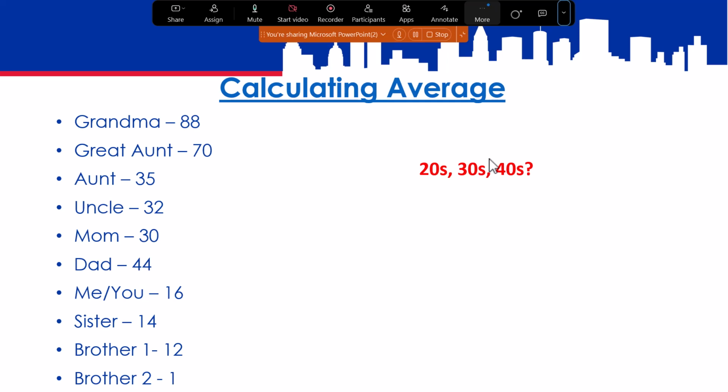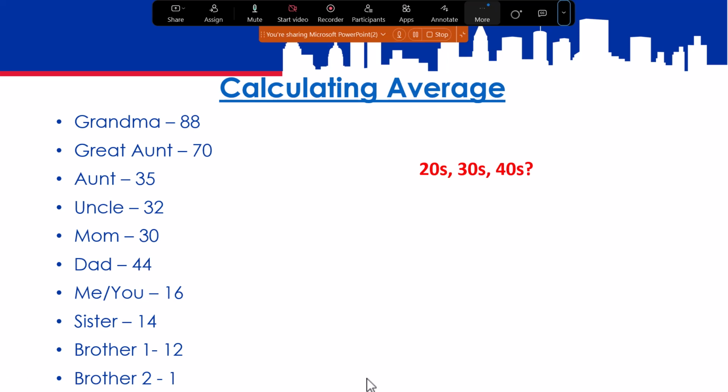Would your guess be for the average age of your group in the 20s, 30s, or 40s? I would probably say either 30s or 40s, like mid 30s.